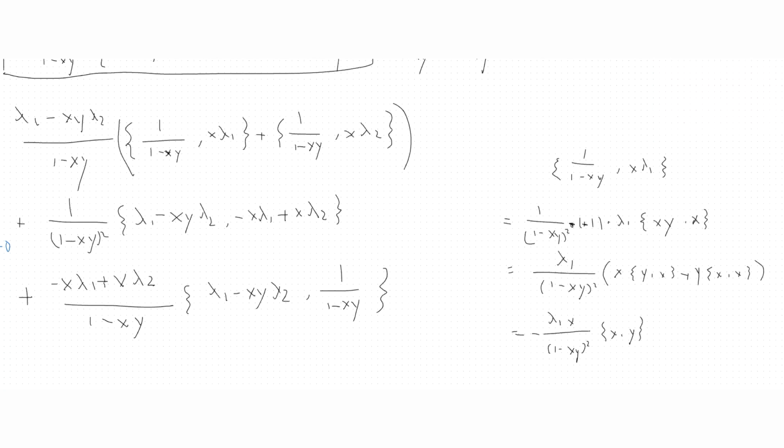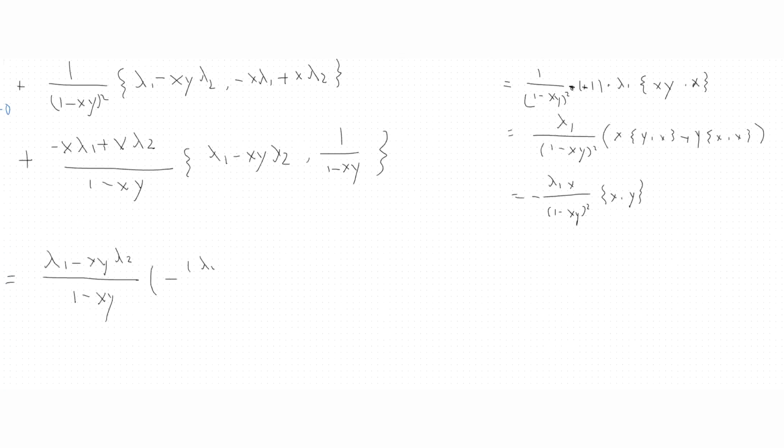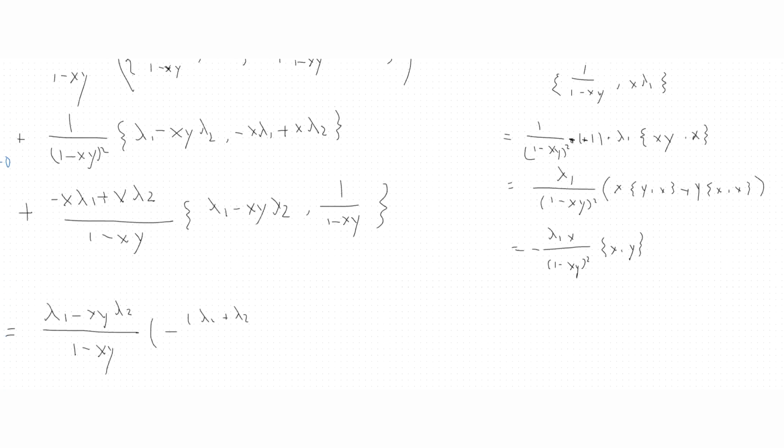The second term is similar with lambda 2. 1 minus xy. So we have minus lambda 1 plus lambda 2 x, 1 minus x, 1 squared, x y. Okay, so that's it.